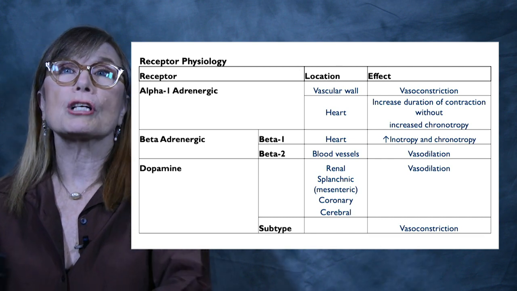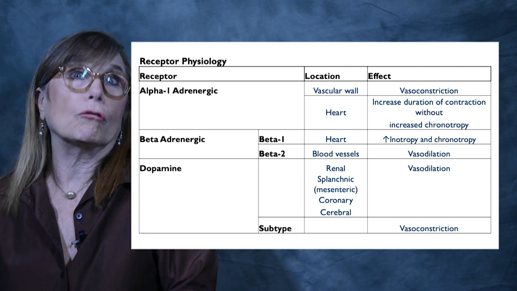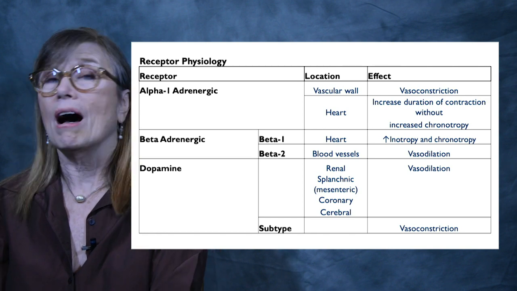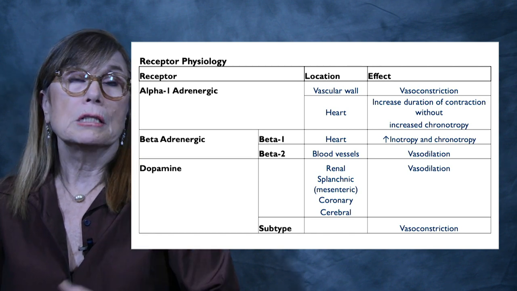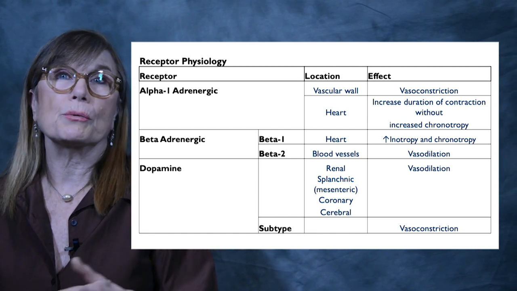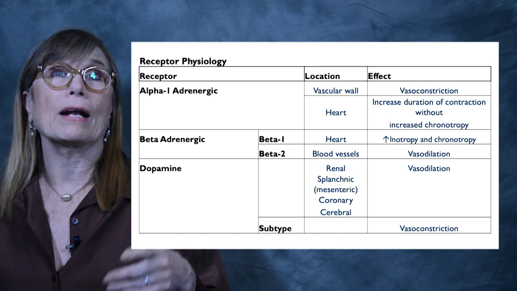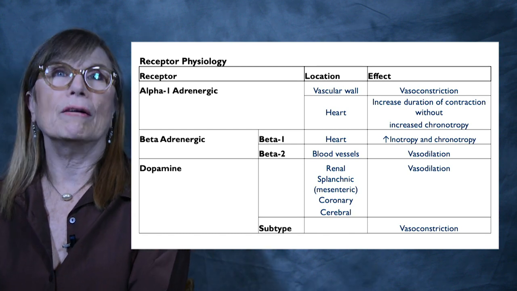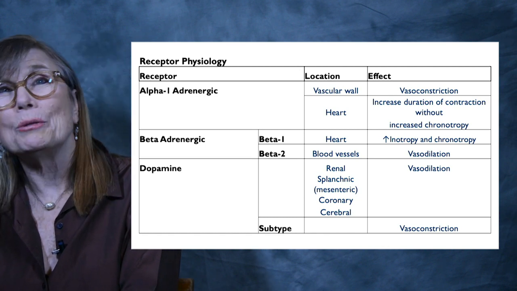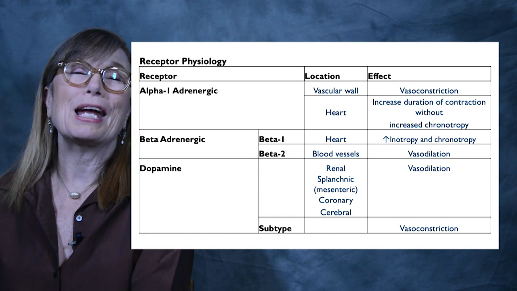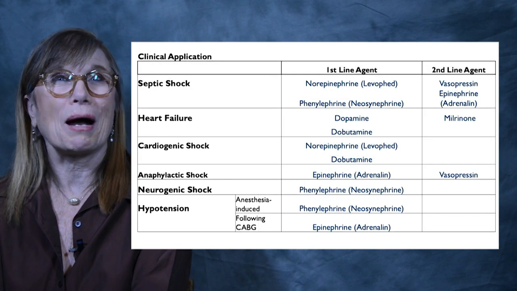The dopaminergic receptors, which at low doses, typically tolerable doses, 5 to 10 micrograms per kilogram, cause renal, splanchnic, coronary and cerebral vasodilation, and as a subtype, an overall category of positive inotrope and eventually vasoconstriction. Remember that dopamine is really only used in today's world for patients in heart failure and typically not for any other forms of shock that we see.